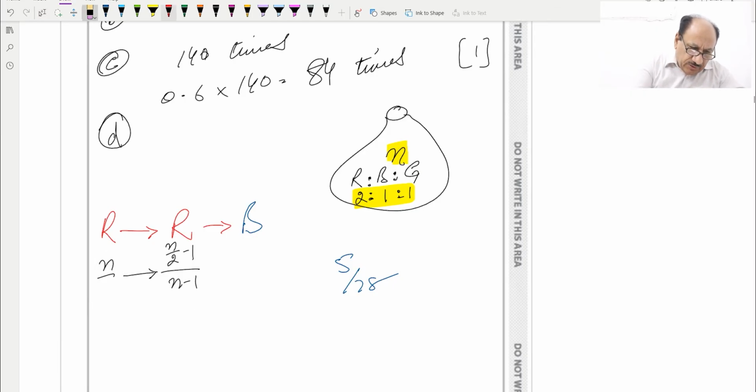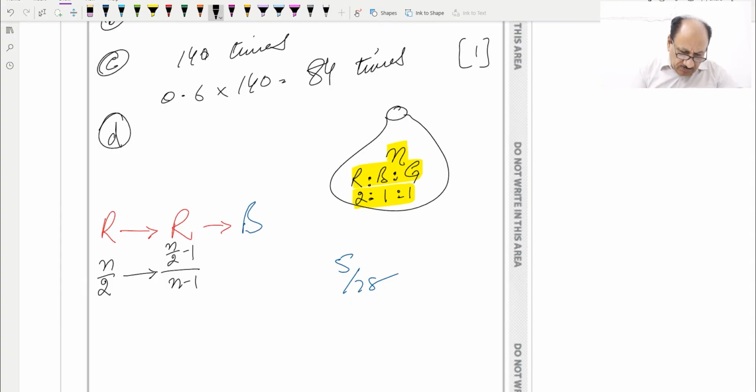I will explain this one again. For the first counter, the probability of getting red is n by 2, because half of these three colors are red.